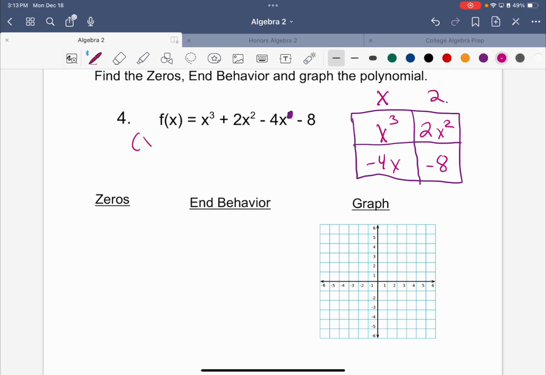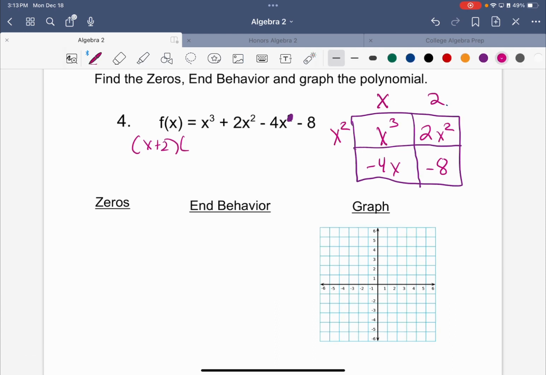So there's my first factor, x plus 2. GCF now going this direction, x squared. GCF going that way. The first term is negative, so it has to be negative and negative 4. So my second factor is x squared minus 4.